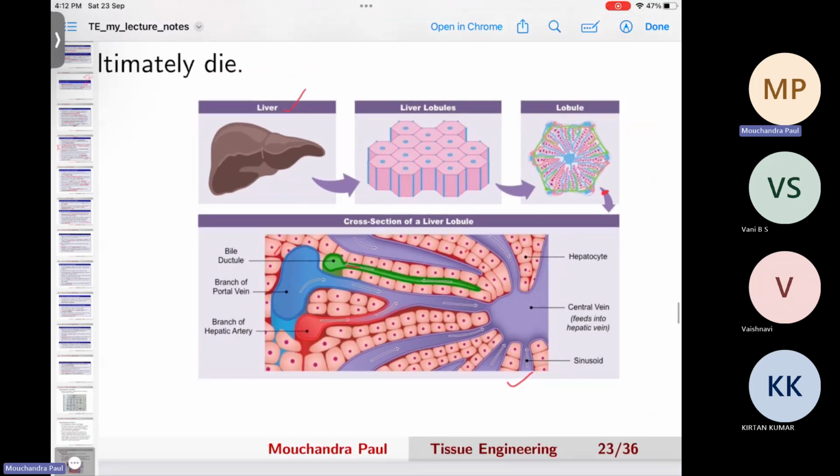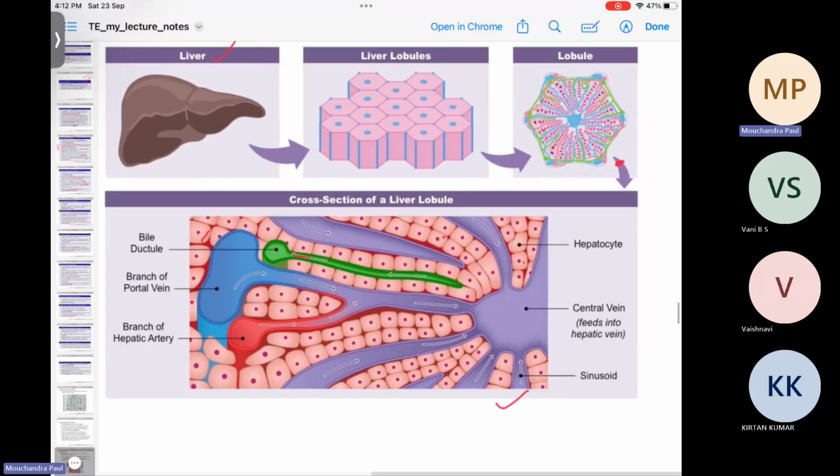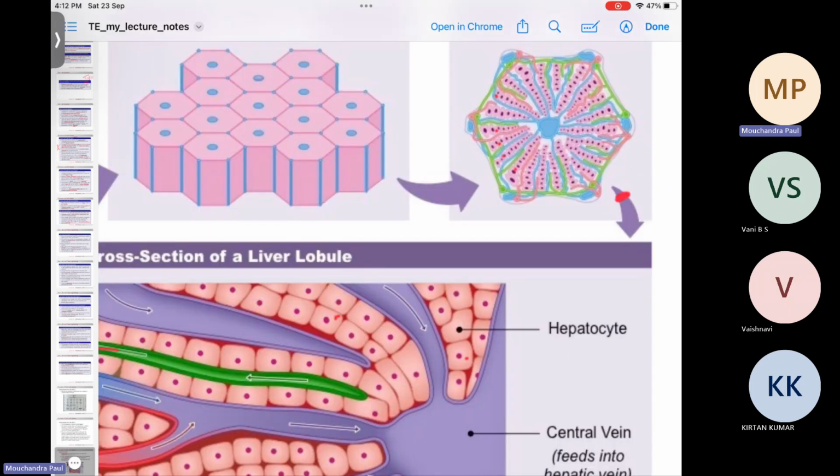So some group of researchers believe that the stem cells exist at around the beginning of this sinusoid, like here where I'm putting some dots. In this beginning spot, these stem cells, once activated, differentiate and form hepatocytes.